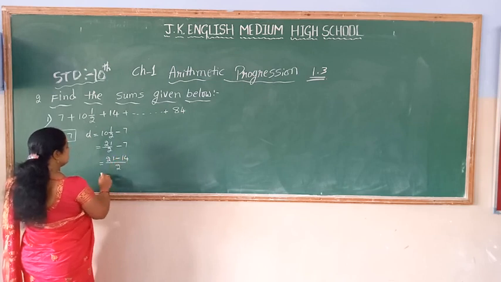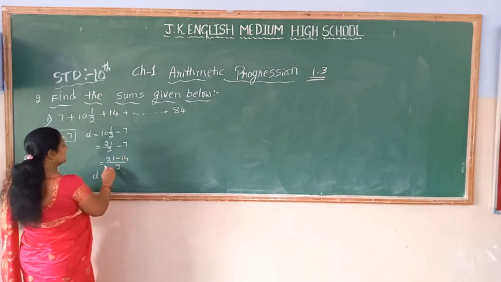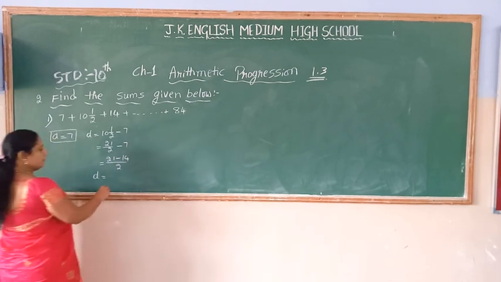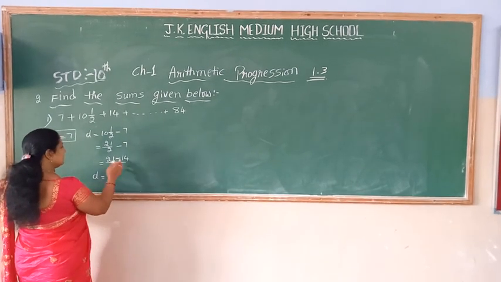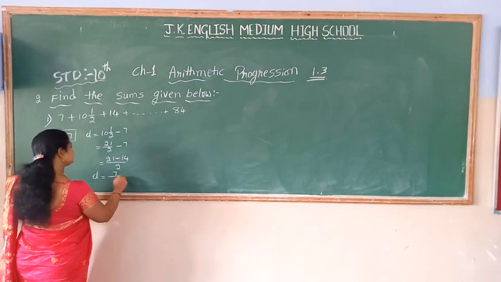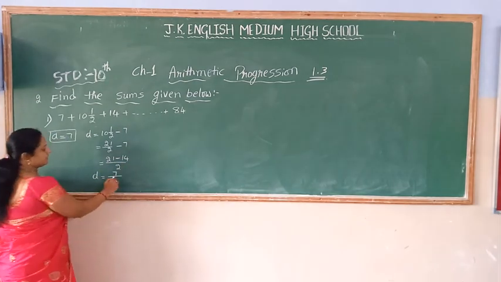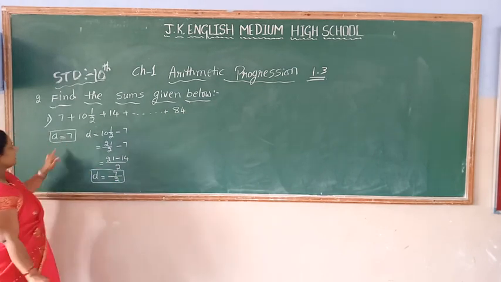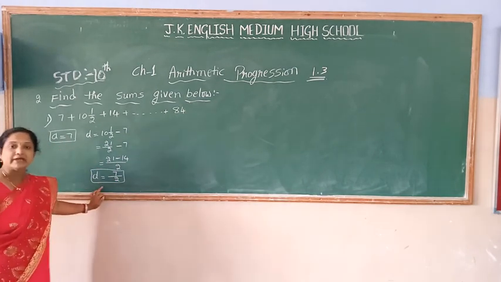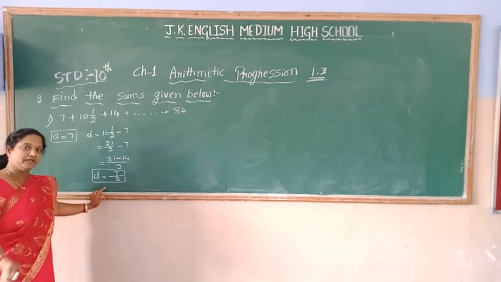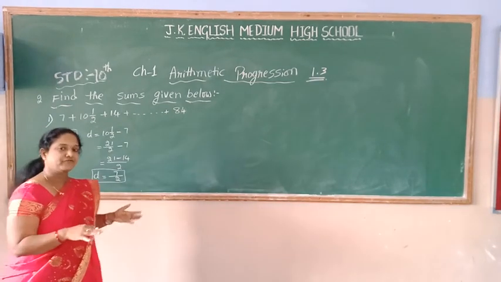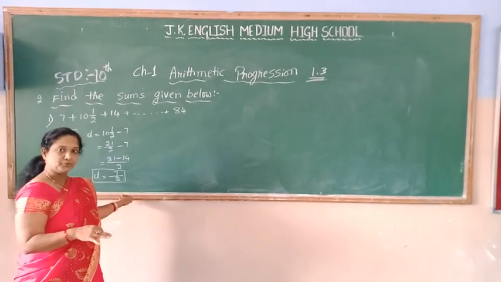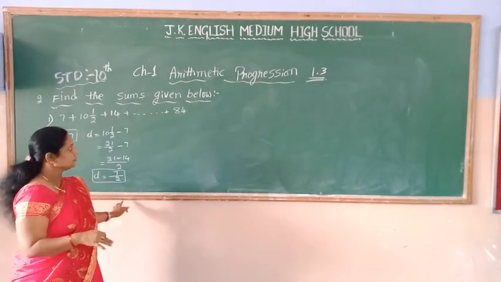Then 21 minus 14 is 7, divided by 2. The d value I got is 7 by 2. A value I know is 7. By subtracting the first term from the second term you get the difference between the two terms, that is 7 by 2.